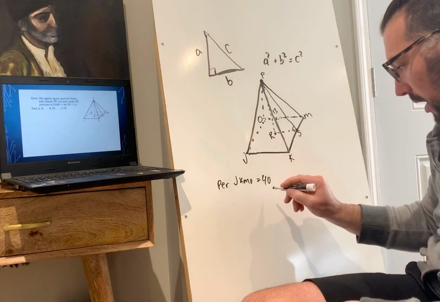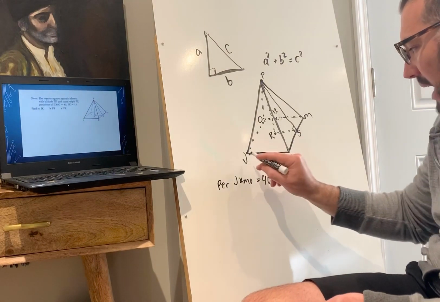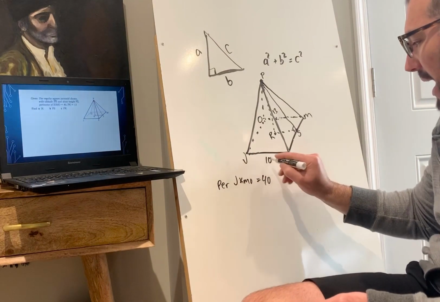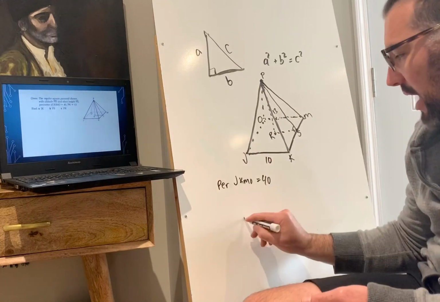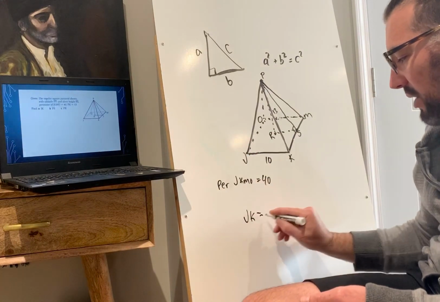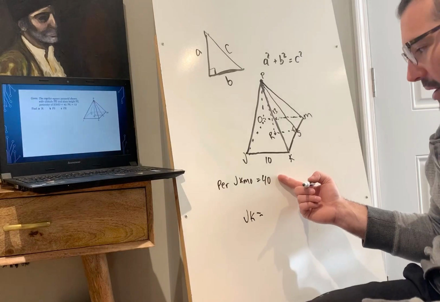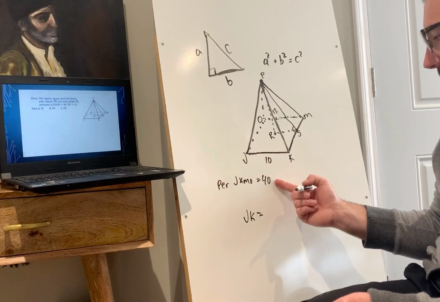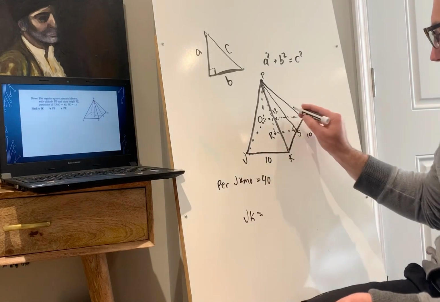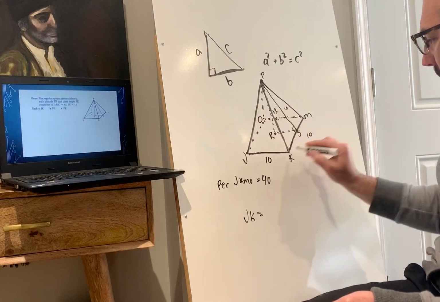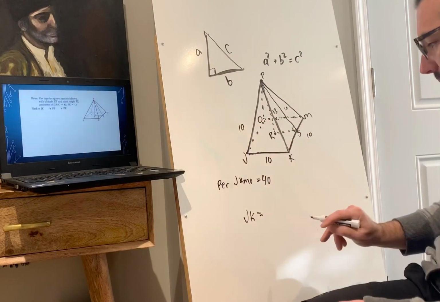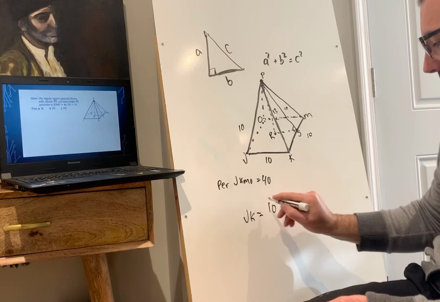Divide 40 by 4, and you get 10, right? Which means that every side here is 10. And so if I need to find JK, then I've done that with the given information. They gave me that the perimeter of the bottom here is 40. And so that means that every side is 10, right? 10 plus 10 plus 10 plus 10, that equals 40. And so JK is 10.